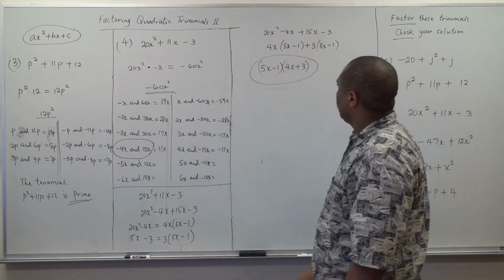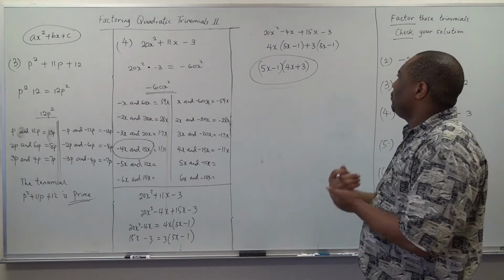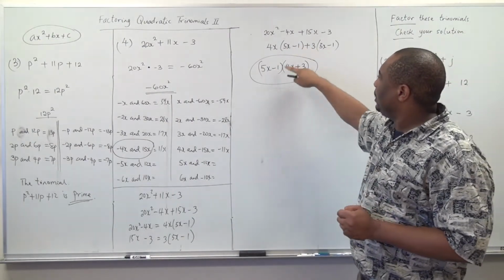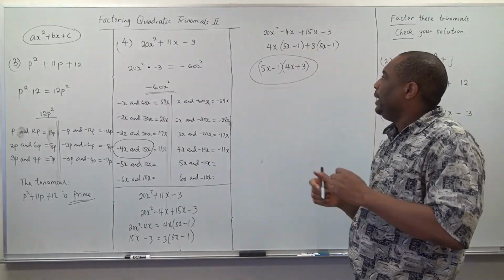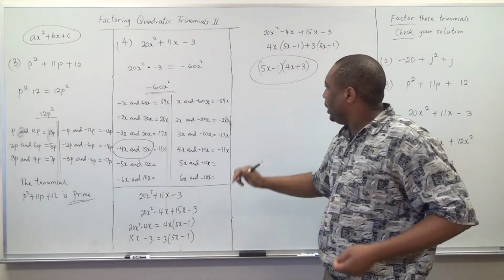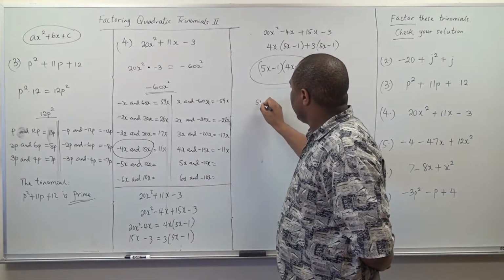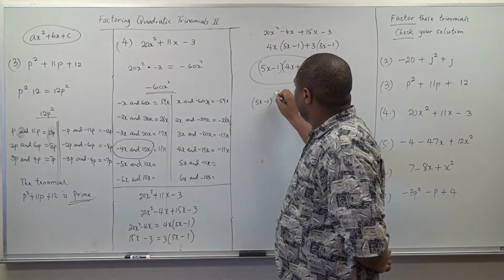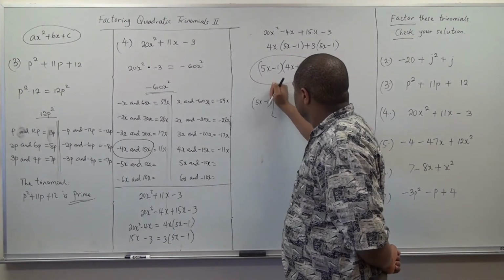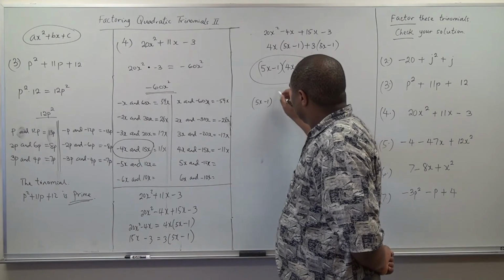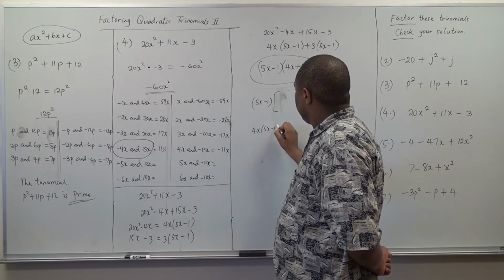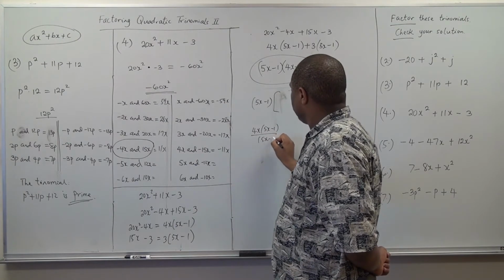And that is it. Now, some of you might be confused here. Why is it like that? If you're confused here, it's pretty simple. That's the same thing we've been doing here. If you bring out 5x minus 1, you now do 4x times 5x minus 1 divided by 5x minus 1.